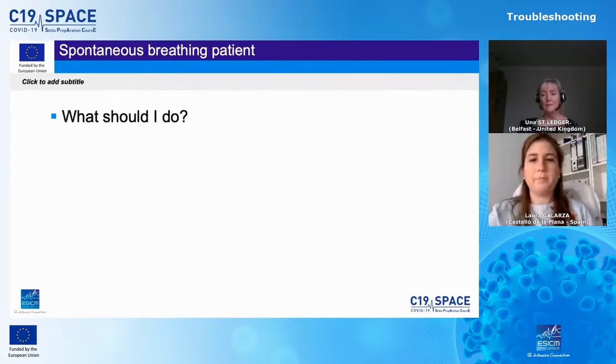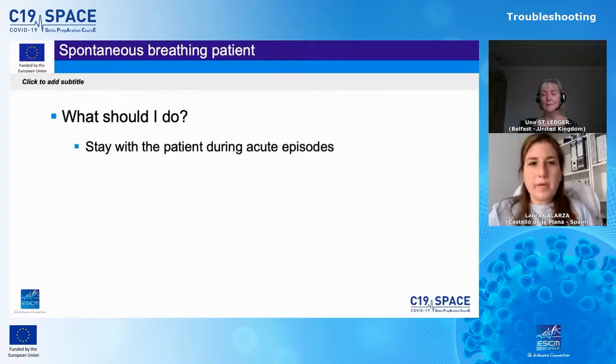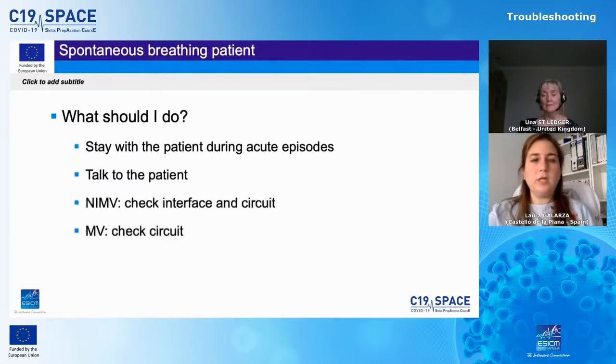And what should I do when a patient is respiratory deteriorating? We should always stay with the patient during this acute episode, as that will make them less anxious. We should talk to the patient, ask them what is happening, and try to reassure them. And if the patient is using non-invasive mechanical ventilation or mechanical ventilation, we should check the interface and the circuit, and also look at the machine, at the ventilator.